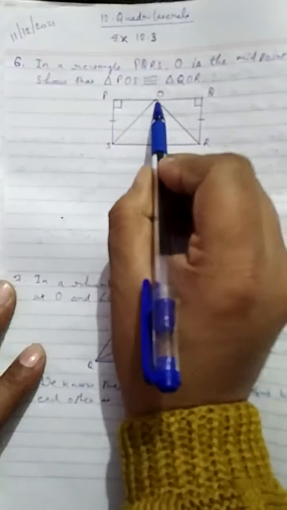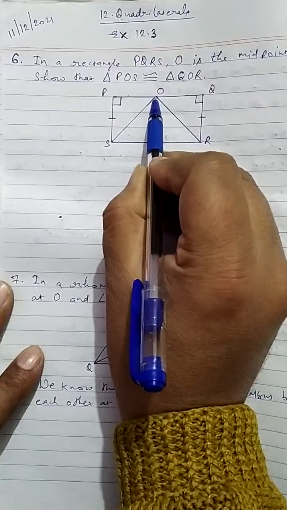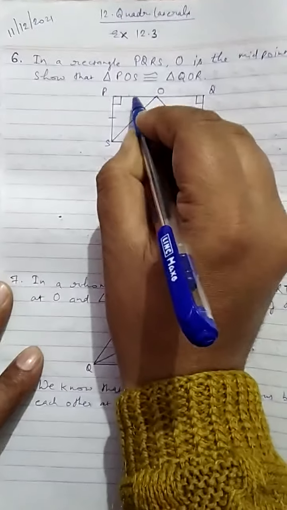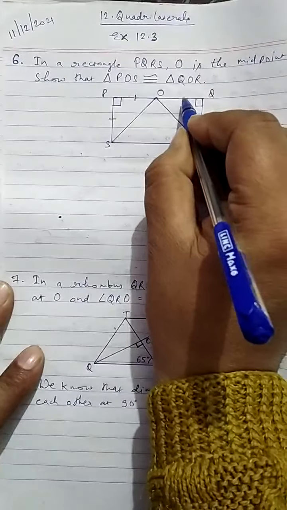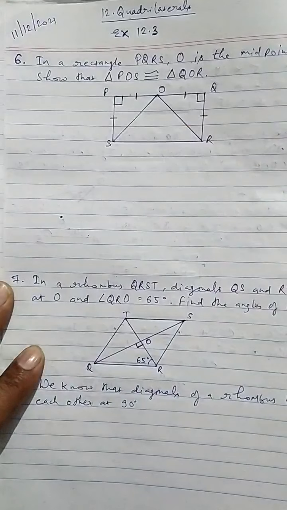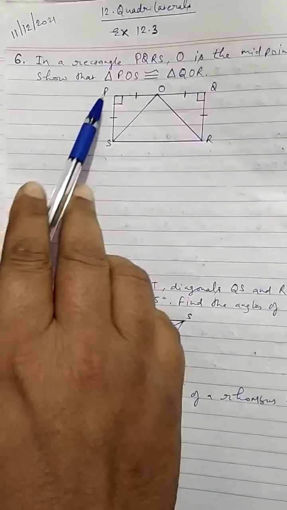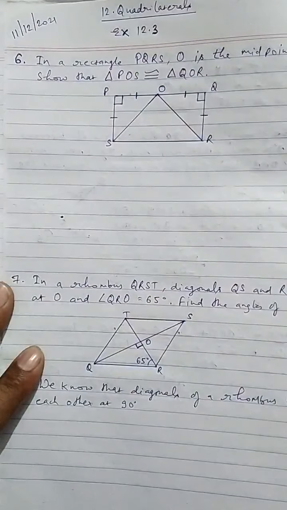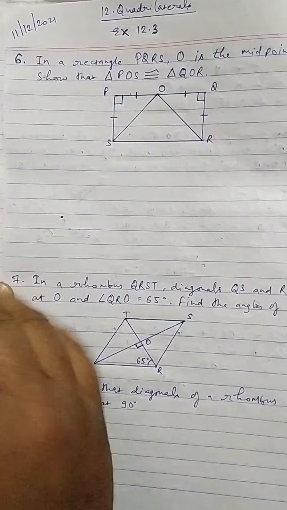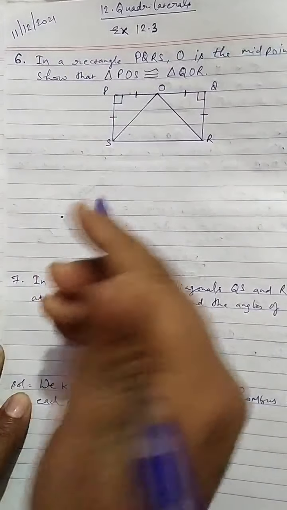One thing more is that when O is the midpoint of PQ, PO will be equal to OQ. So these three things will help us to prove that triangle POS is congruent to triangle QOR. So according to this, we will start writing here.